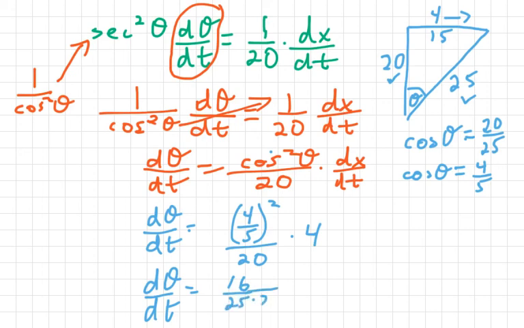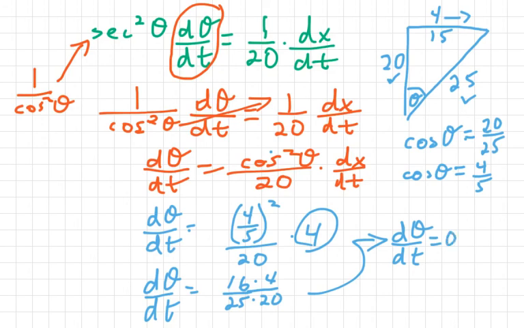Reciprocal that's times 20. And I guess this 4 right here is just times by 4. Now we can have that nice and simplified out. And you throw that into your calculator, and I believe it's going to come out to 0.128 radians per second.